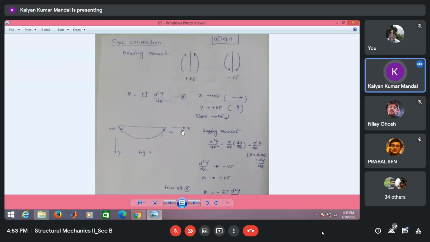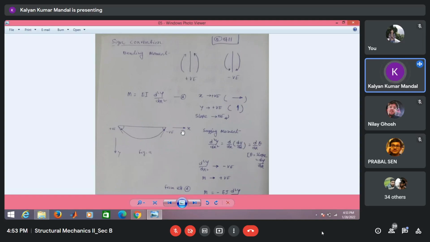If we calculate the bending moment from the left, then the clockwise moment is the sagging or positive moment, and if we calculate from the right, the anti-clockwise moment is considered as sagging, or positive bending moment. In the expression M = EI d2y/dx2, we assume x is positive towards the left, and y is considered positive when it is vertically upward.